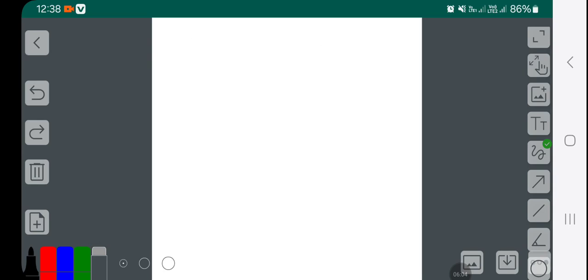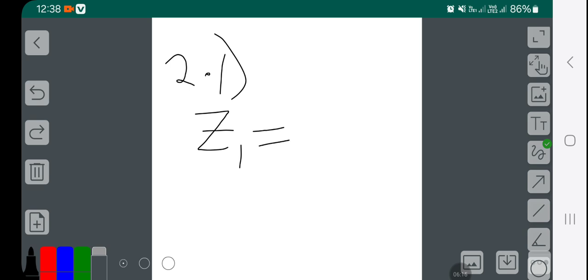So let's move on. For number 2.1, we are given z1 equal to e to the power 1 minus j pi over 2.